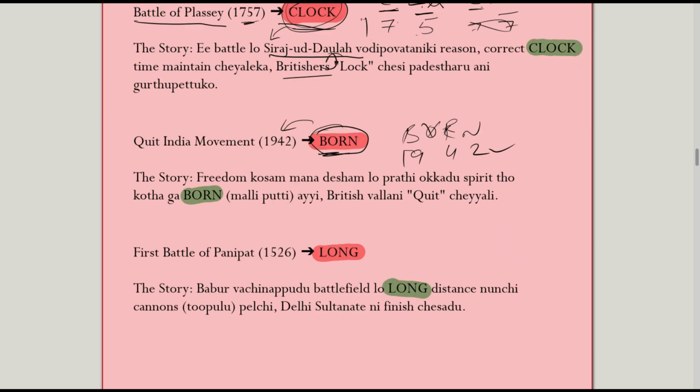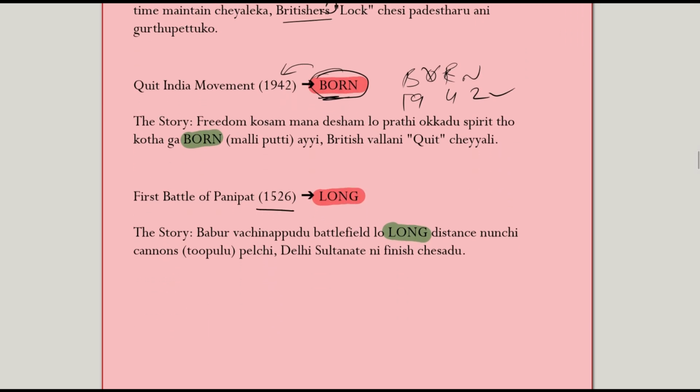Next, the Battle of Panipat, 1526, just like earlier. Long is the keyword. The story is that when Babur came to the battlefield, the Delhi Sultanate was attacked with cannons by Babur from a long distance. This is the English story, just for remembrance.